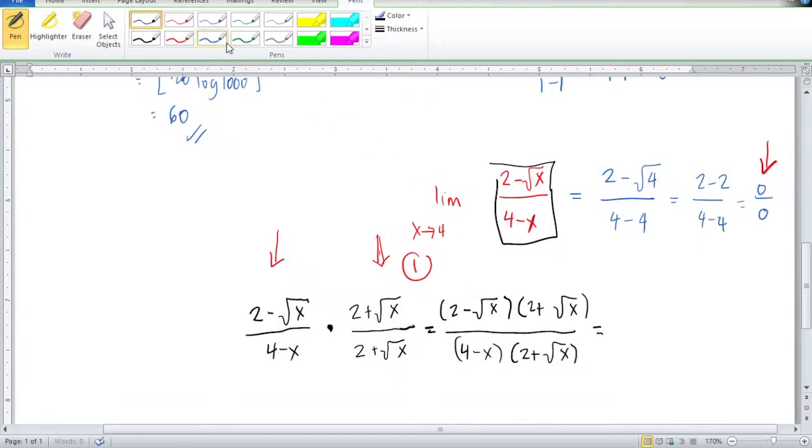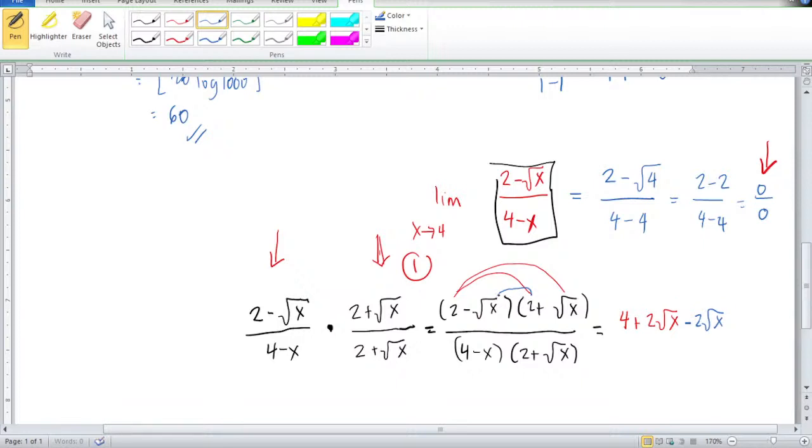We have to use the distributive property. 2 times 2 would be 4. 2 times square root of x, obviously, would be positive 2 square root of x. Next, negative square root of x times 2 would be negative 2 square root of x.